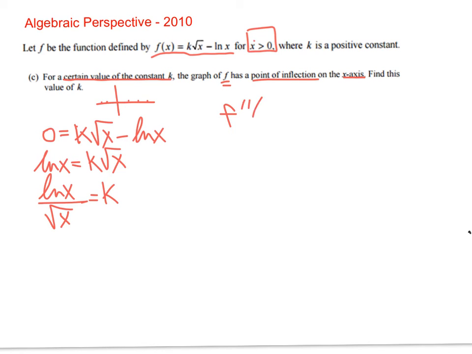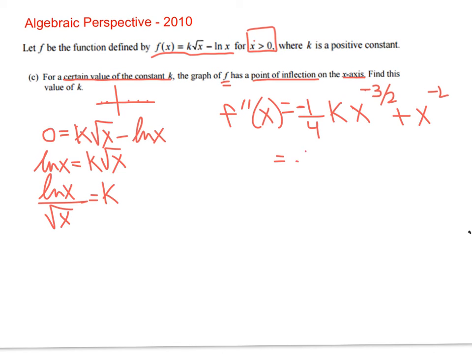Now this will help me because when I look at the second derivative, which we got in the first part, the second derivative is, let's see, it was negative 1/4 k, and then it was x to the negative 3/2 plus x to the negative 2. So you can see I have two variables, but now I can rewrite this in terms of one variable.